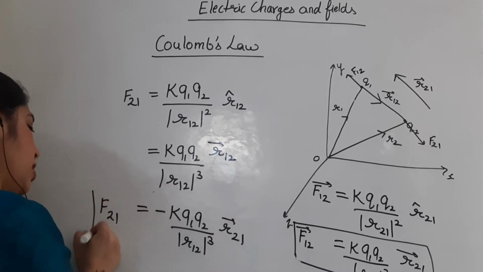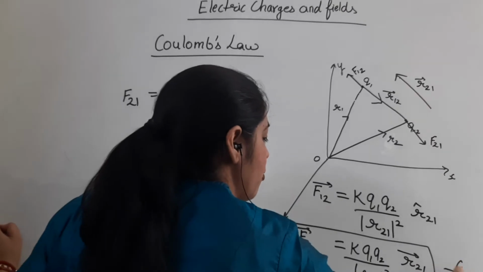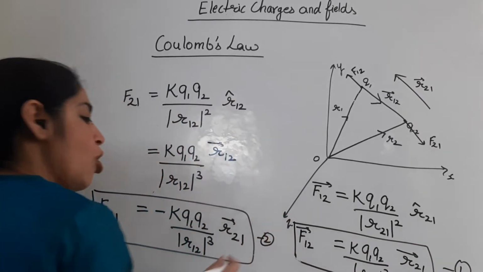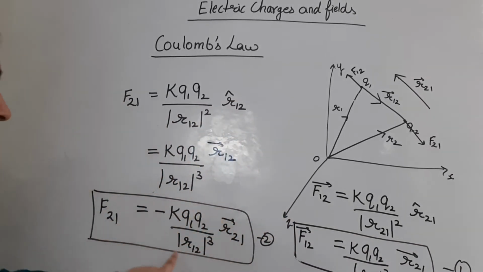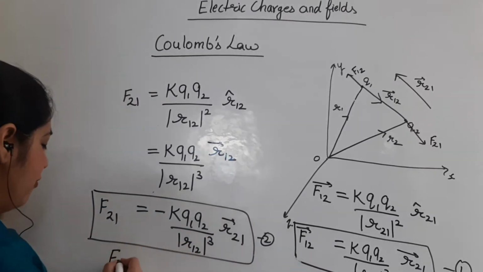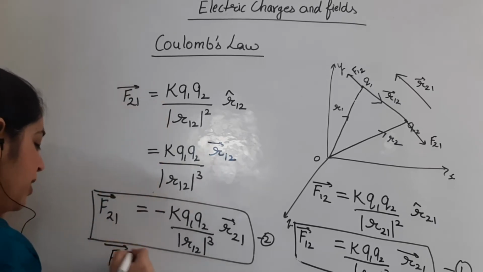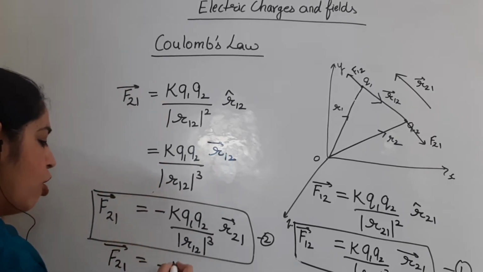Please see equation number 1 and 2. Mark this as equation number 1 and this as 2. On comparing, this is nothing but this. So what can I write down? F21 vector obviously will be equal to negative of F12.